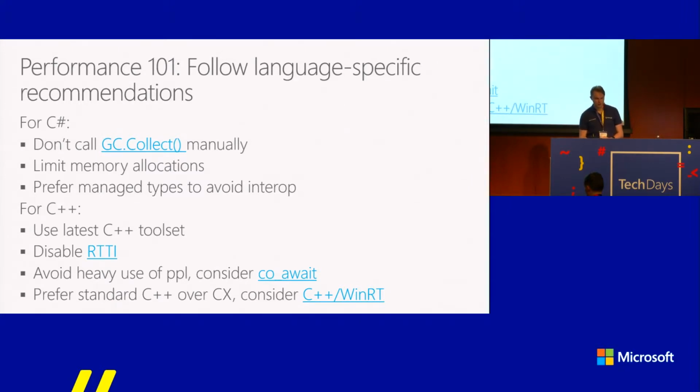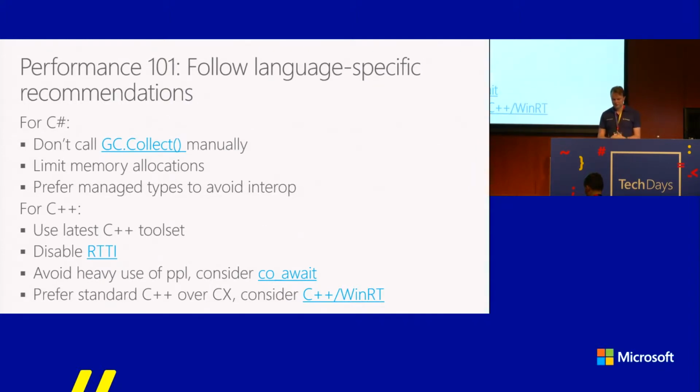The PPL, the Parallel Patterns Library, which is basically the equivalent of Task in C#, is really heavy and is no longer actively being maintained. So the recommendation is to use co_await, which is a new C++20 feature that is currently available in the C++ compiler.